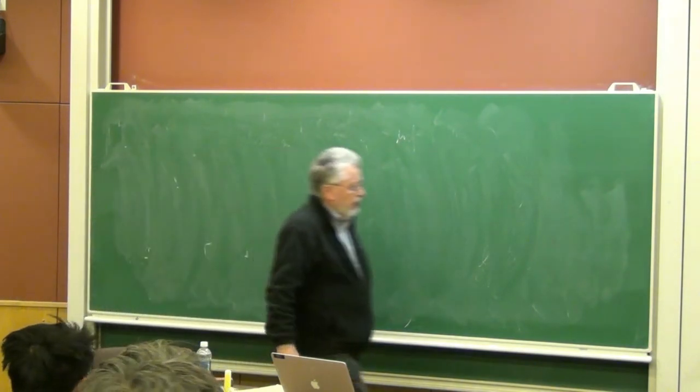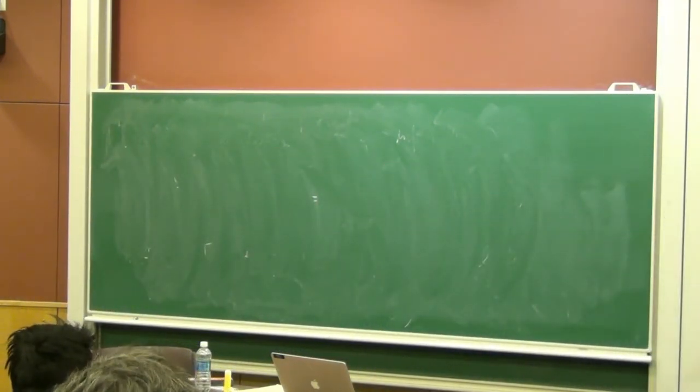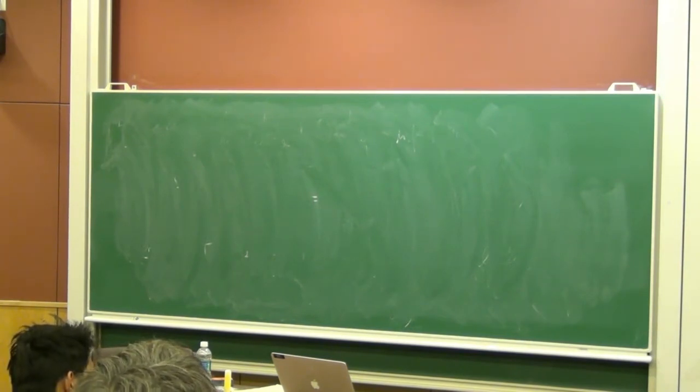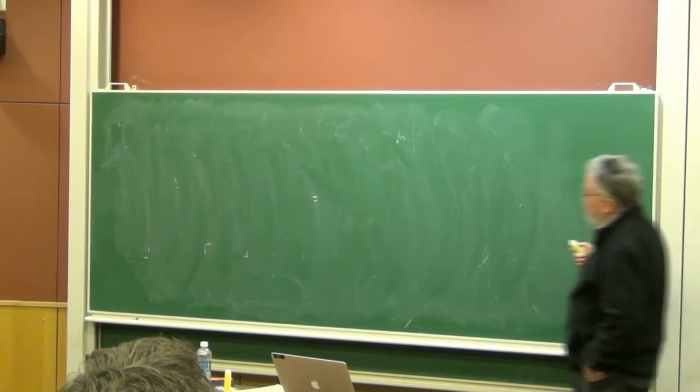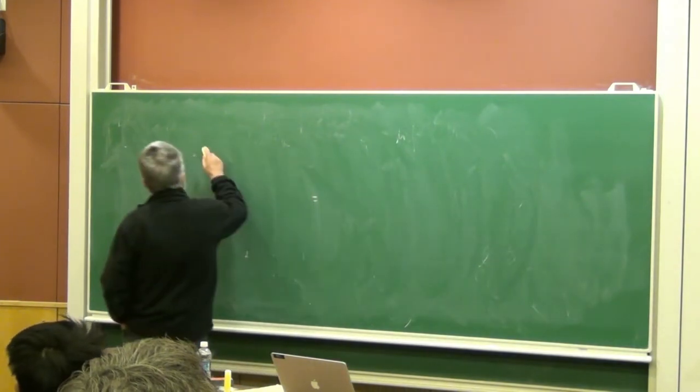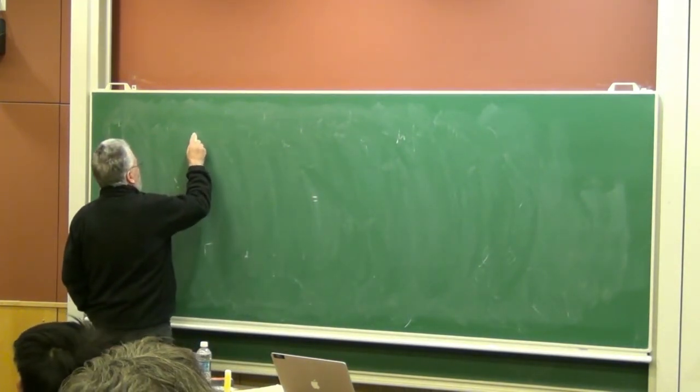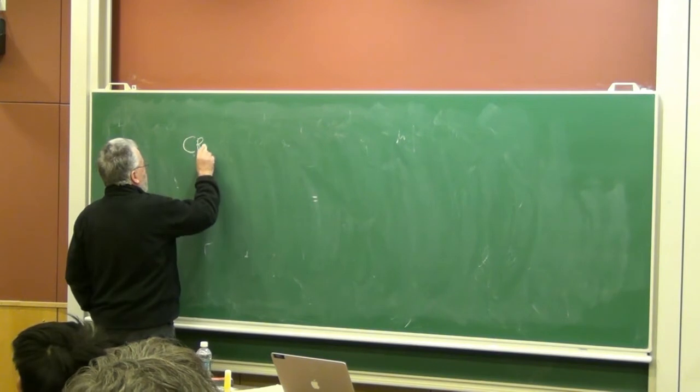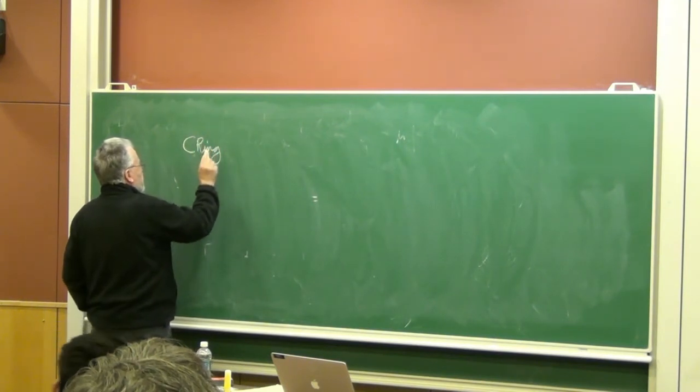There is an important thing about the category of frames which I didn't say. I said it's algebra. There's an analogy between the theory of frames and the theory of commutative rings.